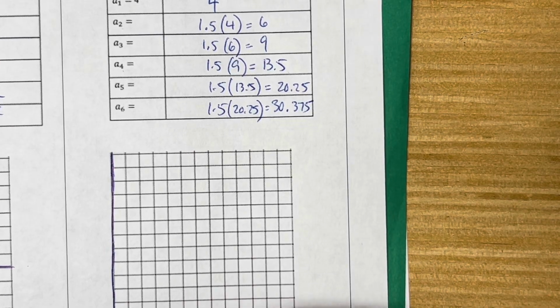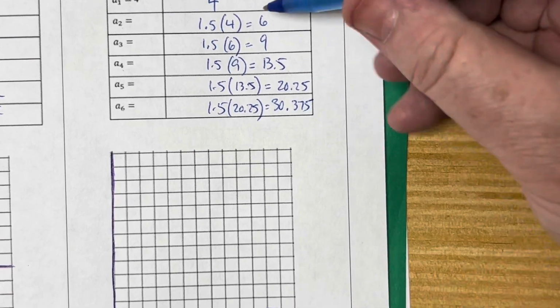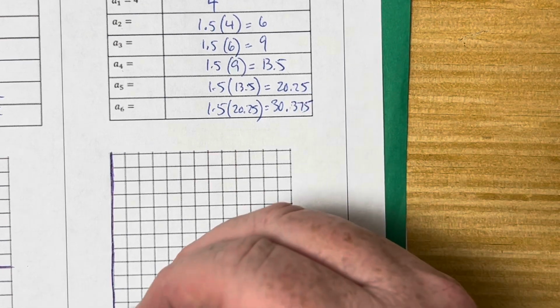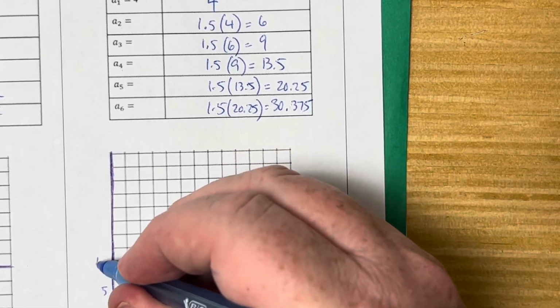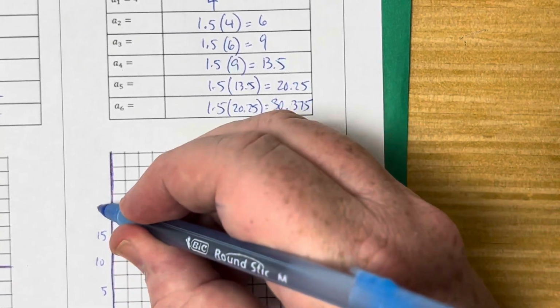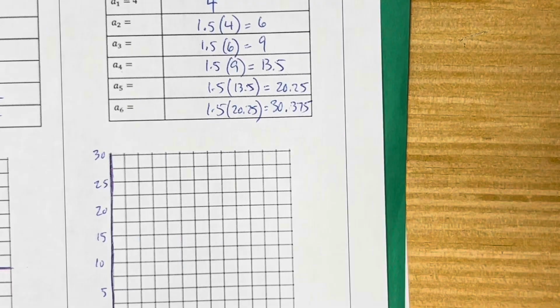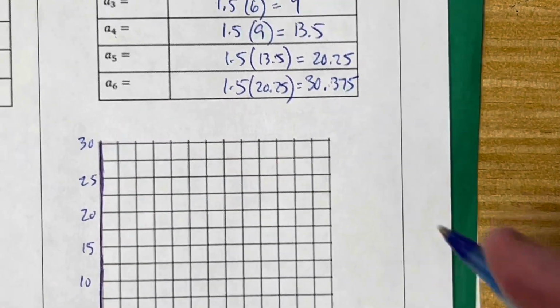That's 0, 1, 2, 3, 4, 5, and 6. I want to get up to 30. So if I go 5, 10, 15, 20, 25, 30, that should get us to where we need to go.